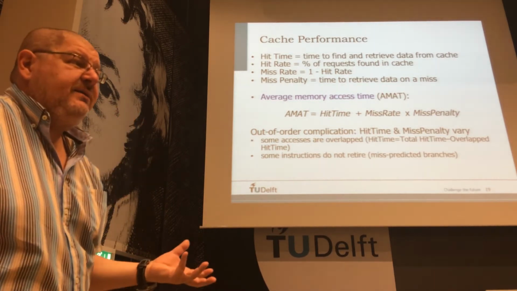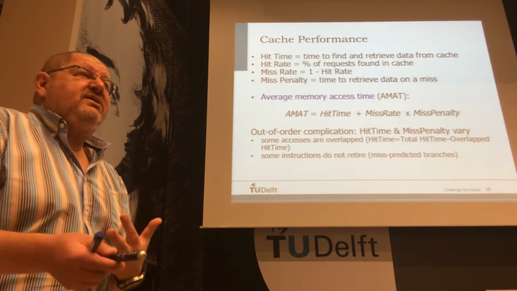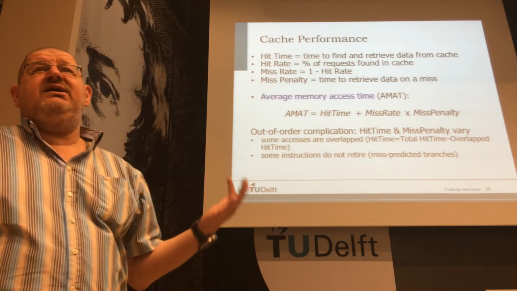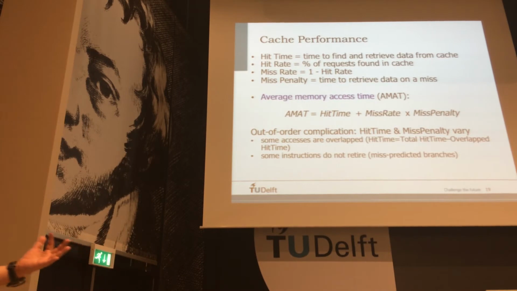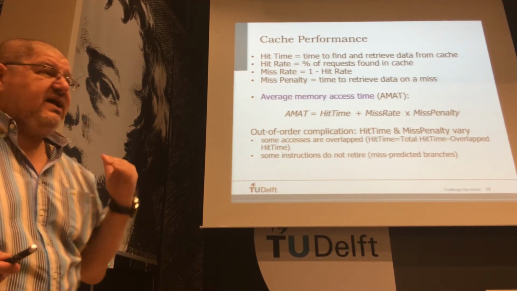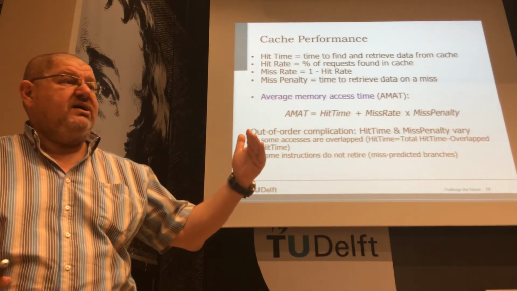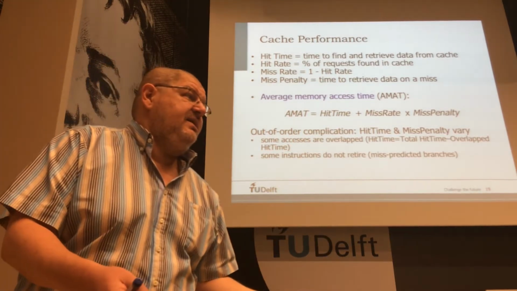Probabilistically speaking, I can determine the miss rate of a cache depending on the capacity, and I can determine that by experiments or by other things. And I also know the miss penalty, because the miss penalty means that I have to wait until the item is brought from the main memory into the cache, and then I can use it.